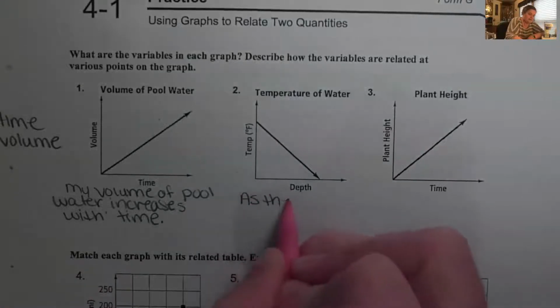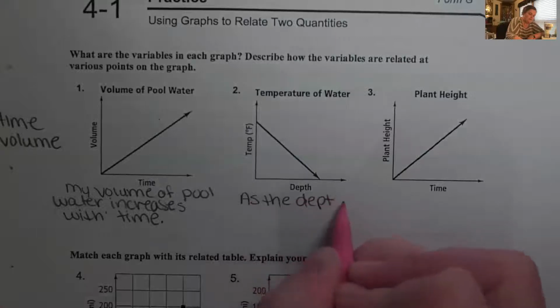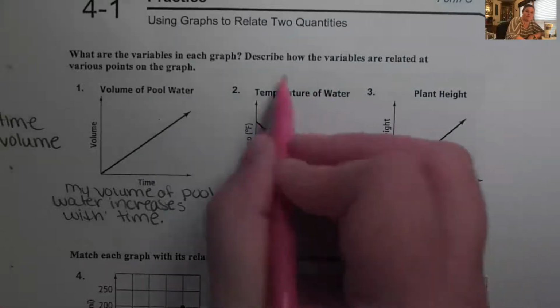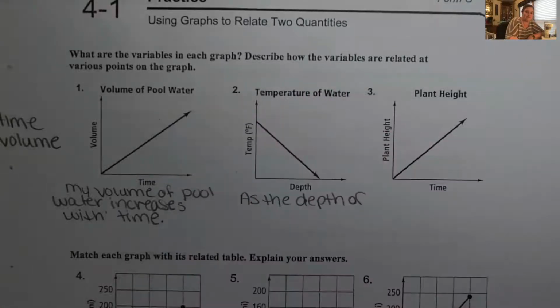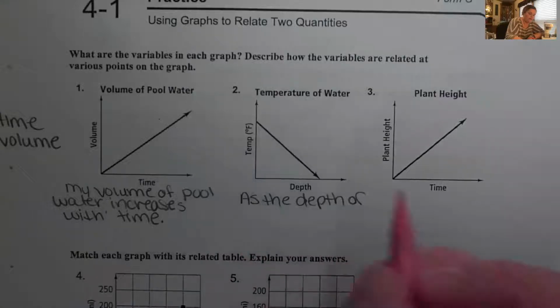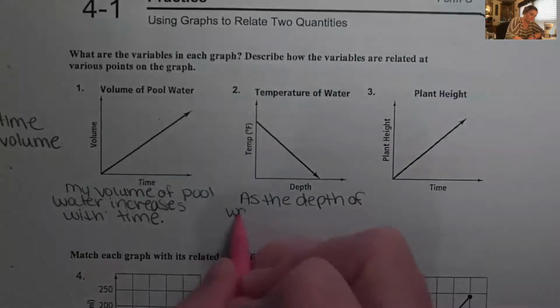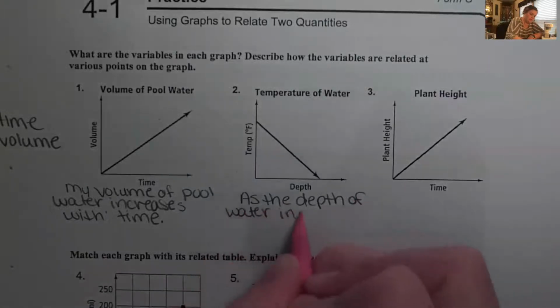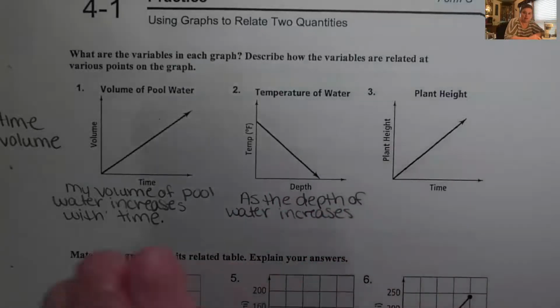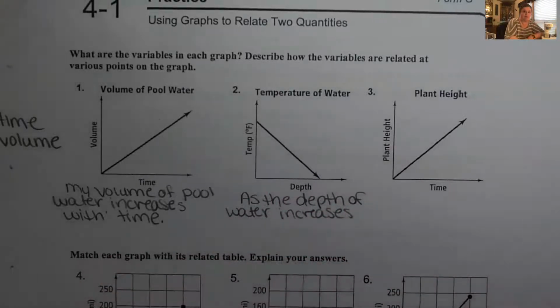So as the depth of what? You have to remember, go back up to your label. Depth of water increases because it's getting bigger on the right, on the x-axis. If it goes to the right, it's getting bigger.